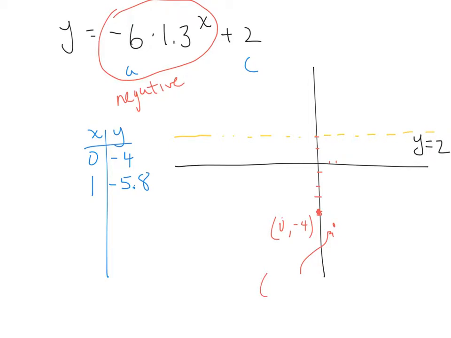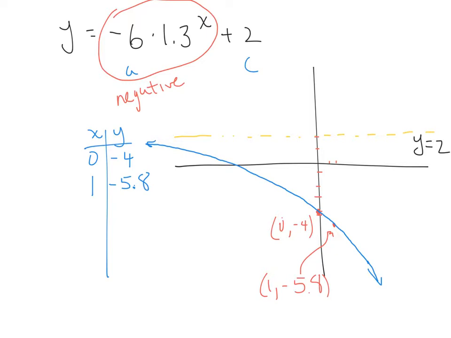But obviously, these values are going to start to head towards 2. As x gets very large negative, we actually have a very tiny negative number being added to 2, and therefore it looks like this.